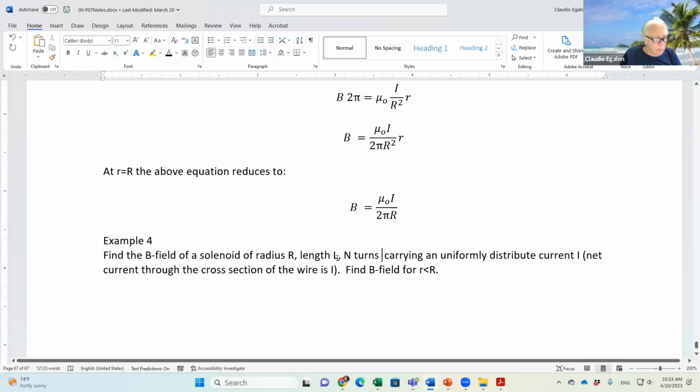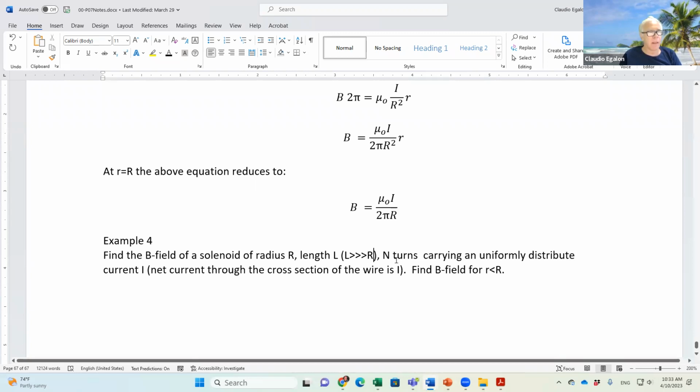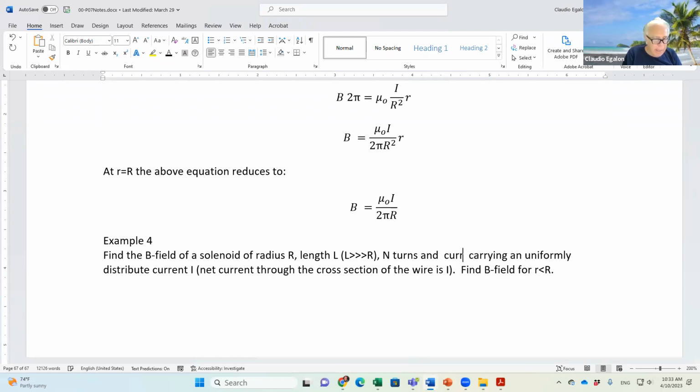And by the way, I'm going to make a very important condition: L is much greater than R. And N turns and current I.